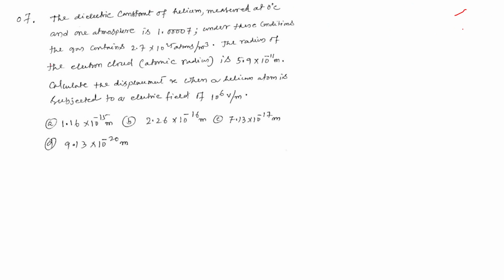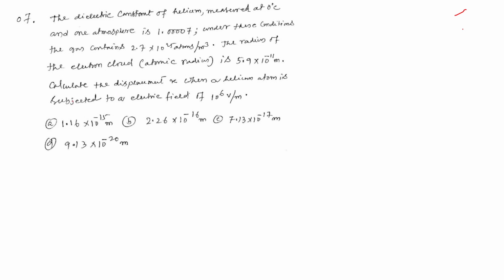Under these conditions, the gas contains 2.7 into 10 to the power 24 atoms per meter cube. The radius of the electron cloud, that is the atomic radius, is 5.9 into 10 to the power minus 11 meter. Calculate the displacement x when a helium atom is subjected to an electric field of 10 to the power 6 volt per meter.